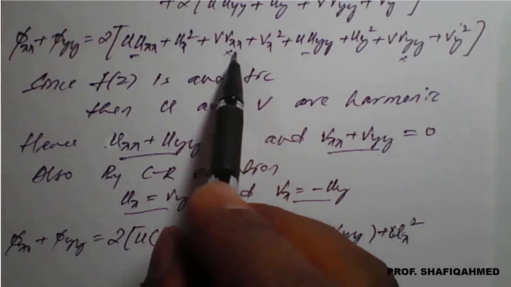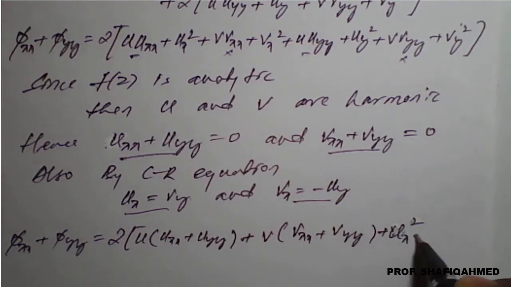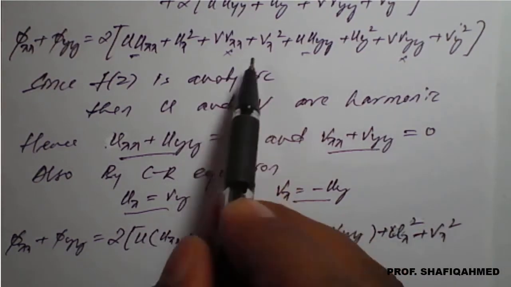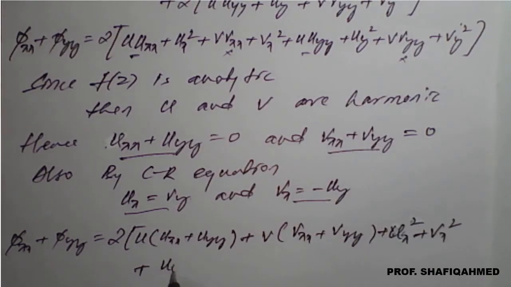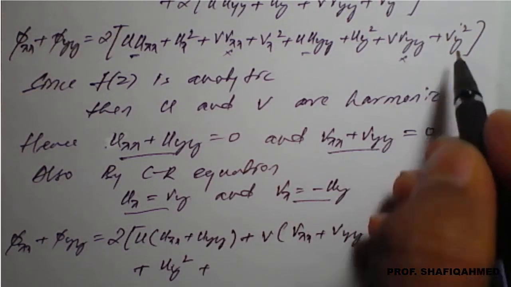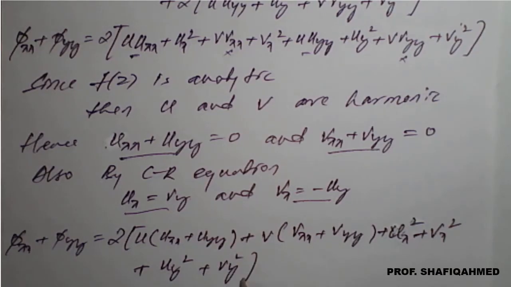So ux square will keep as it is, plus vx square will keep as it is right now, plus uy square plus this vy square.